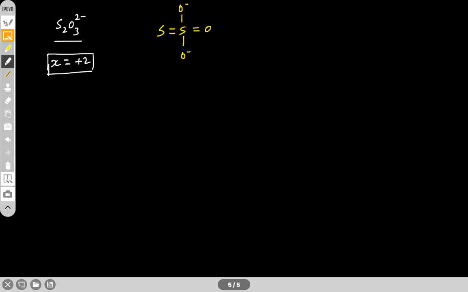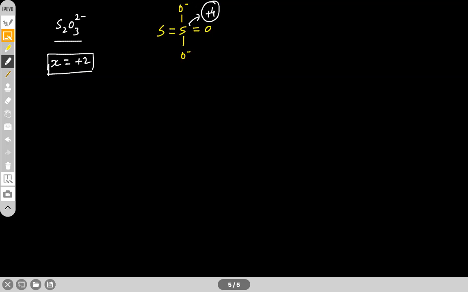Here you see what happens. Concentrate on the central sulfur, this one, and its oxidation state. Because of this double bond, we should have plus 2. Single bond, plus 1. Single bond, plus 1. So what is the oxidation state for this sulfur?